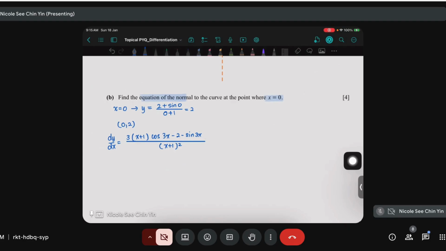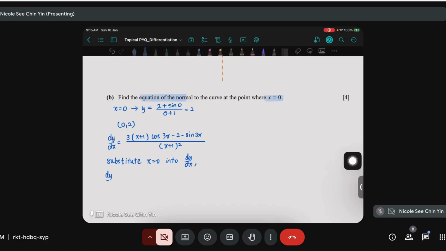So I will substitute x equals 0 into my dy/dx.